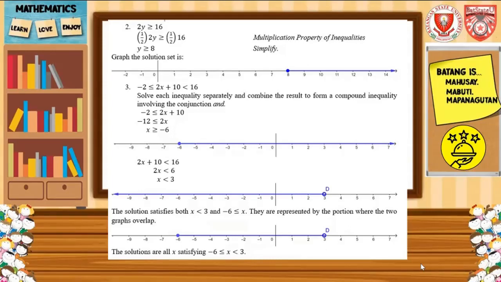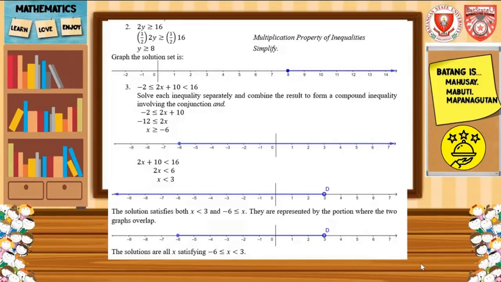Number 3, we have the two quantities. So we have negative 2 is less than or equal to 2x plus 10 and 2x plus 10 is less than 16. So we're going to solve the inequalities separately and combine the results to form the compound inequality involving the conjunction and. So here we use the and, okay? So we have the solution of the two and the graph of the two inequalities.